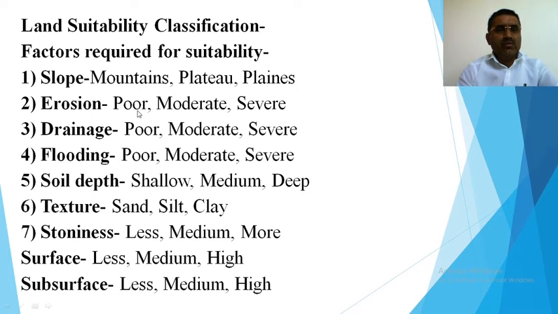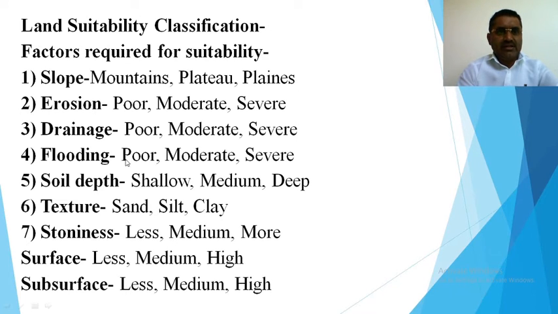If there is poor erosion, then there is a possibility of land suitability. If it is moderate, then there is a medium type of suitability, and if severe erosion has occurred, then there is very little suitability for agriculture or crop production. So every year there is erosion, and according to this there is a practice of agriculture.